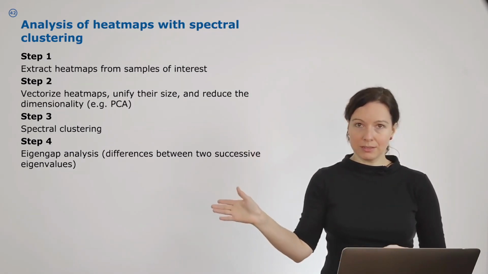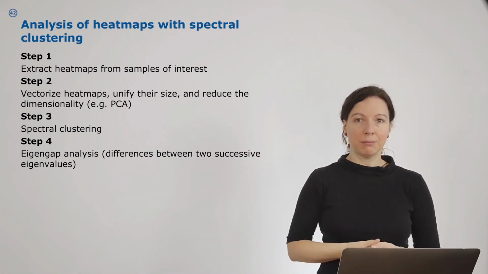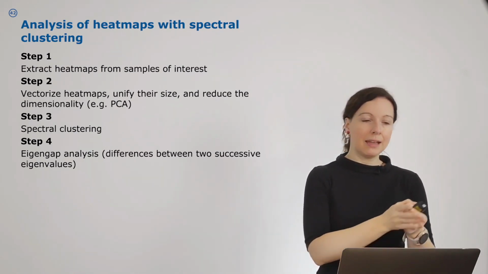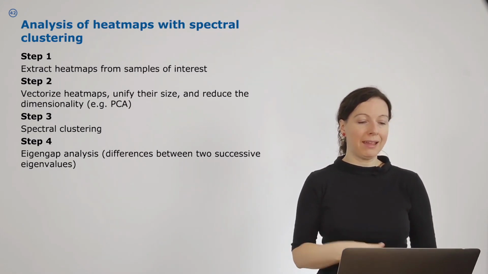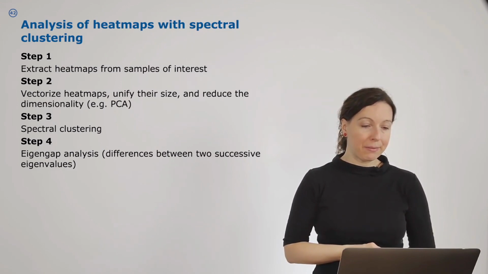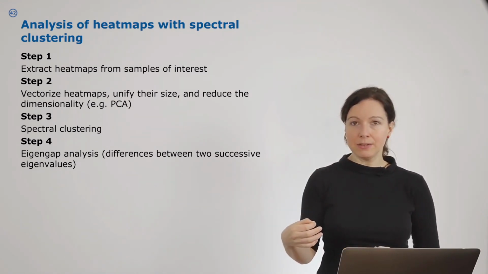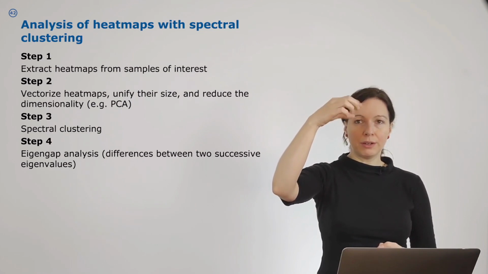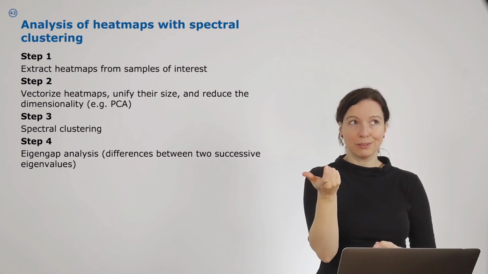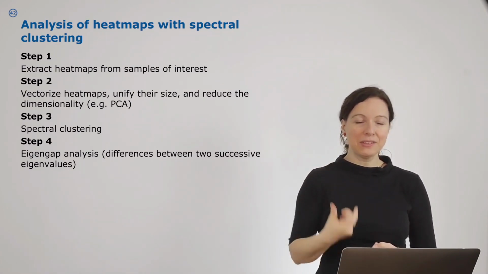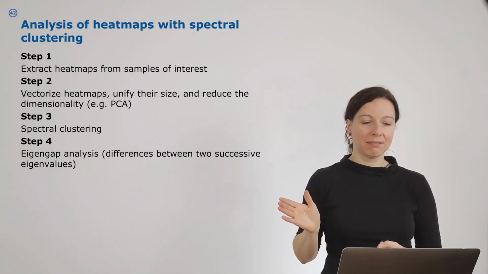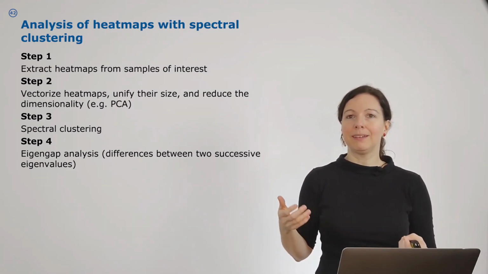I will talk about it in the next slide: what is spectral clustering, because spectral clustering includes an eigenvalue decomposition, and based on this you can perform an eigengap analysis, which is nothing else than analyzing the eigenvalues, and when you have a large gap between two successive eigenvalues, then you make a cut, so you can determine in a quite comfortable way the number of clusters.